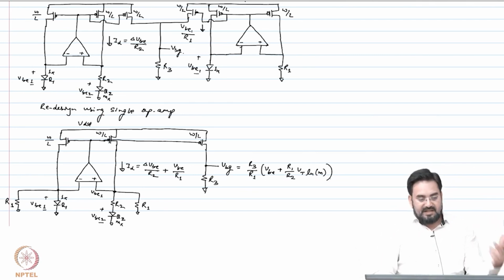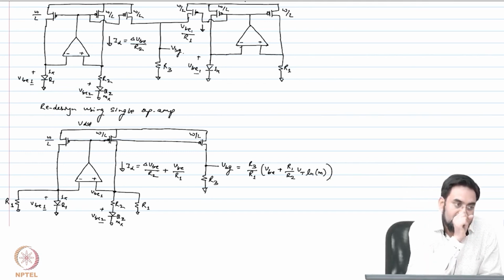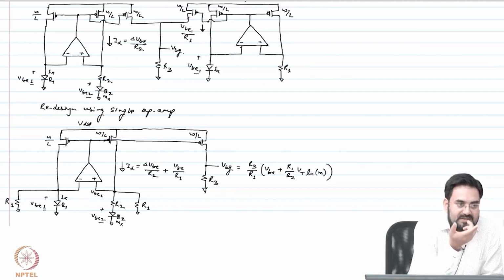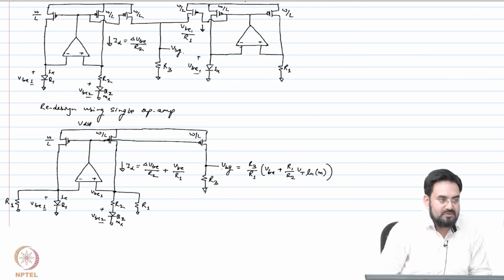So comparing to the standard band gap, do you see any drawback here? Sir, especially we can see the RDS effect, channel length modulation. So what will happen due to that? Due to channel length modulation, the current won't be exactly matched. So which means the inaccuracy here might be more than compared to the standard band gap, because VBG, depending upon what VBG you choose.